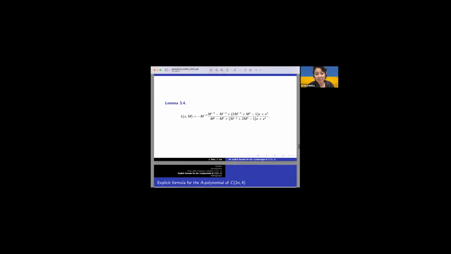And from here, now L, you see that I wrote this as a function of x and m, but actually L is a variable. So here you have x squared. You solve for x, then you get a radical here. Now you are almost done.